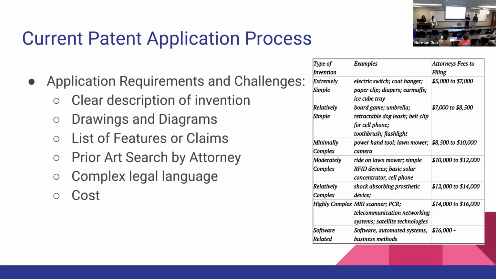There are also some challenges, such as the complex legal language. If you don't understand the legal language, you will lose the opportunity to get the patent. Also, the cost is so expensive, and it takes a long time. Maybe in this process, you will spend 3 years.